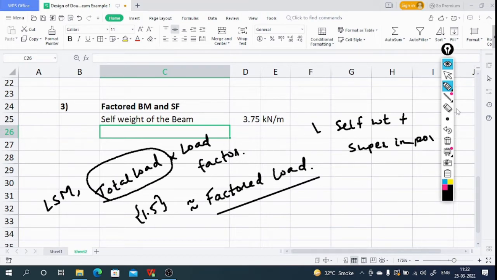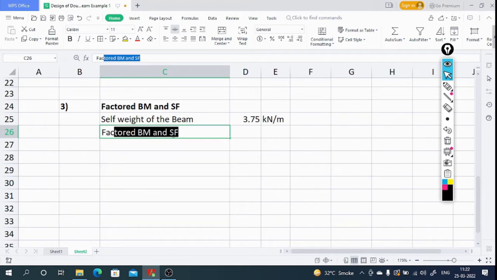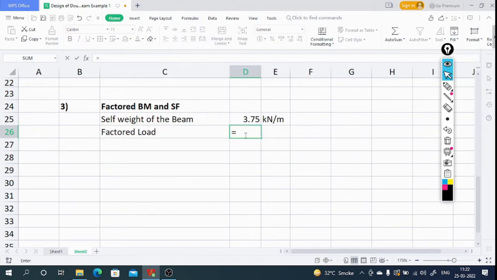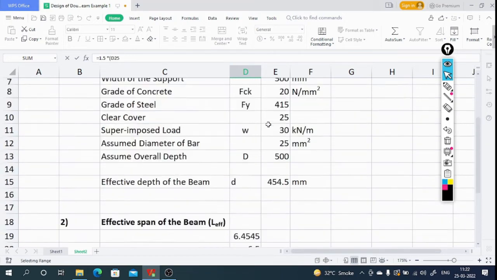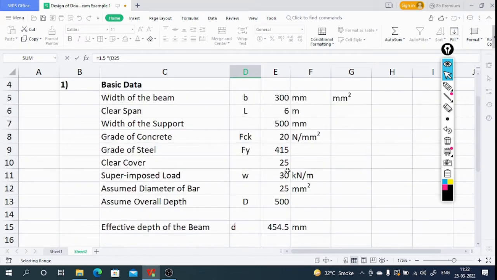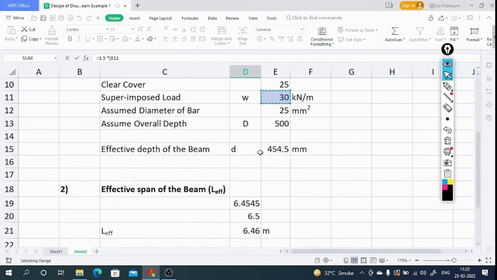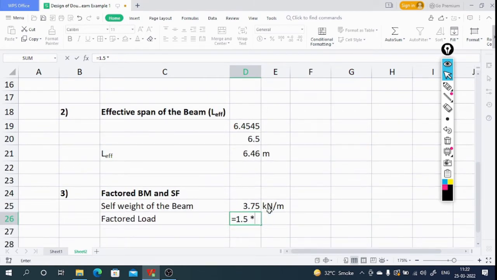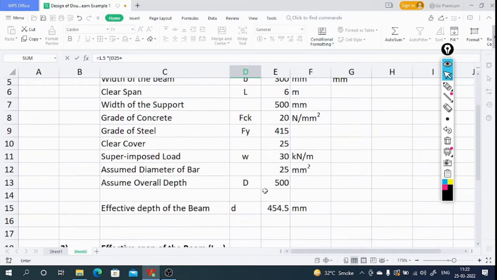I will show you how to do that in Excel. Factored load equal to 1.5, this is the load factor, multiplied by bracket self weight of the beam plus superimposed load, bracket close.